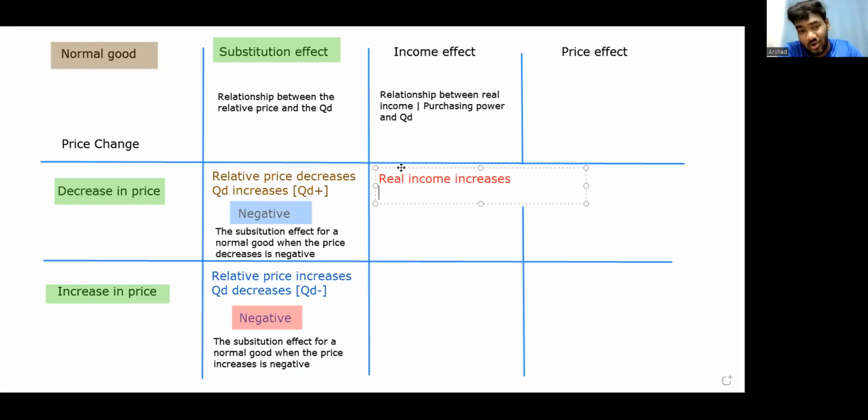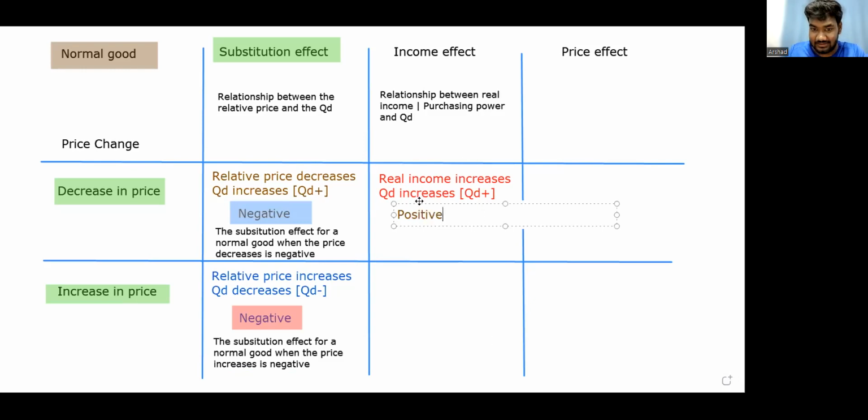What happens to your quantity demand? Quantity demand increases, right? So then we have a QD plus. As a result, what can you say about the income effect? Is it positive or negative? The income effect for a normal good when the price decreases is positive.